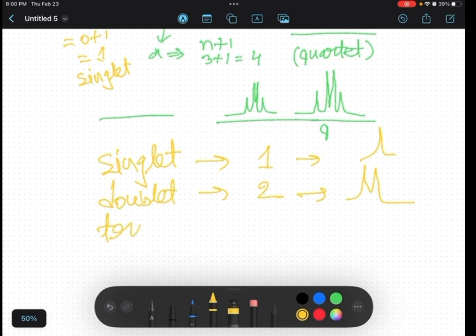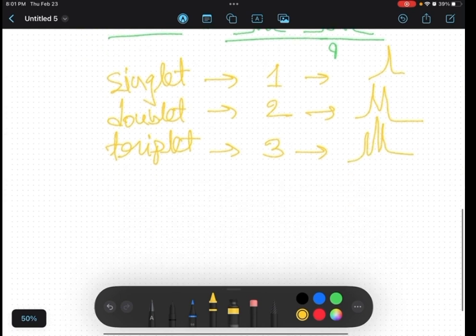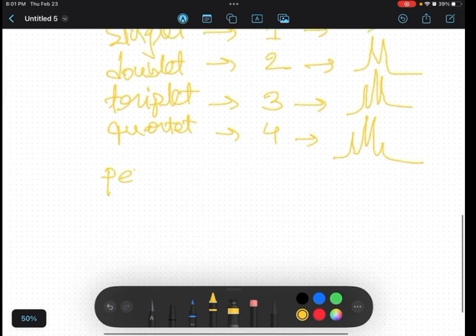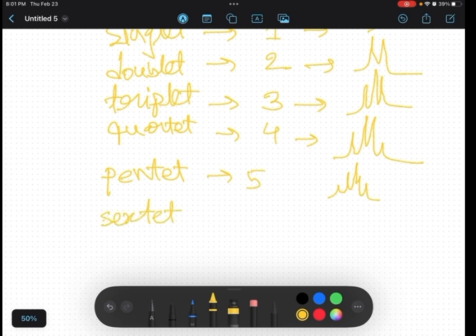If it is a triplet, it will show like this. If it is a quartet, the multiplicity will be 4, which means it will show like this. Similarly, a pentet has multiplicity 5, so the peak count is 1, 2, 3, 4, 5. Next is the sextet, multiplicity 6: 1, 2, 3, 4, 5, 6.